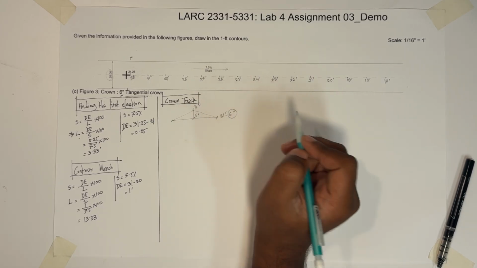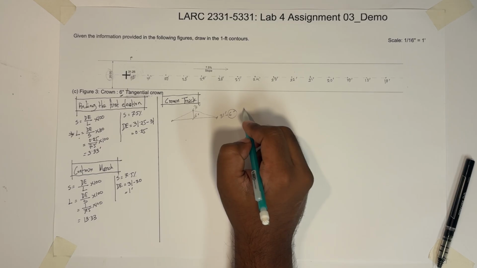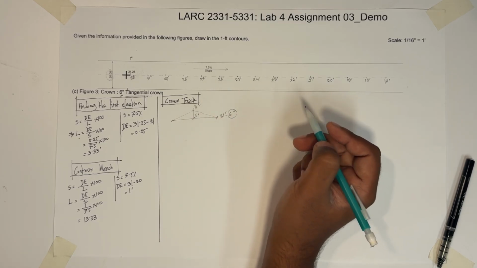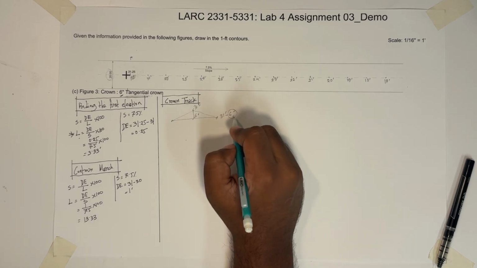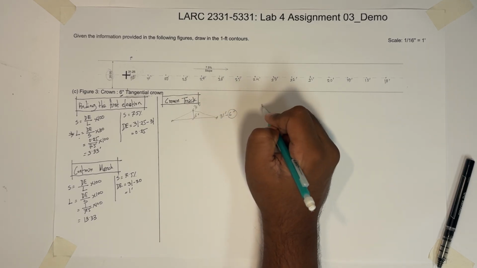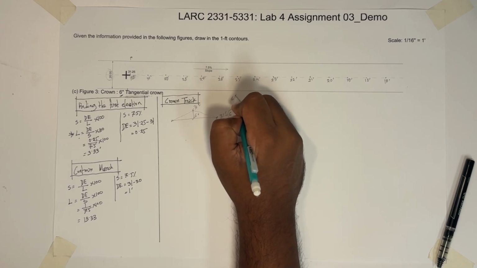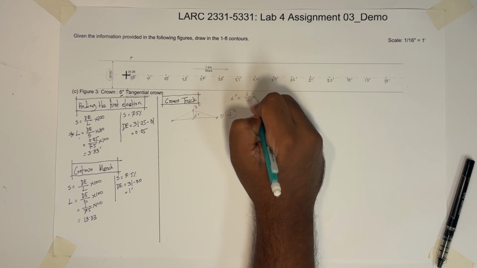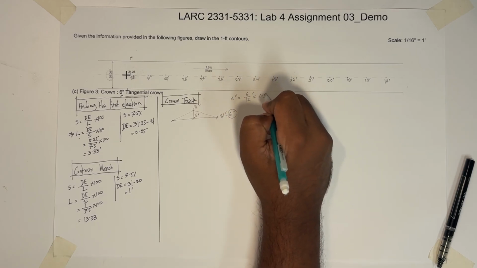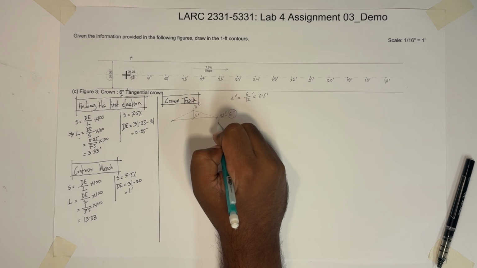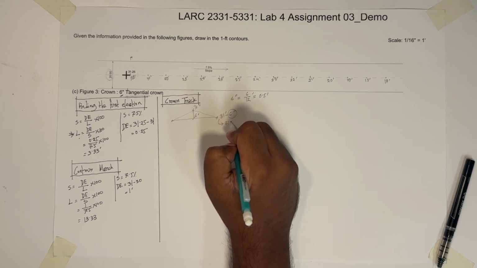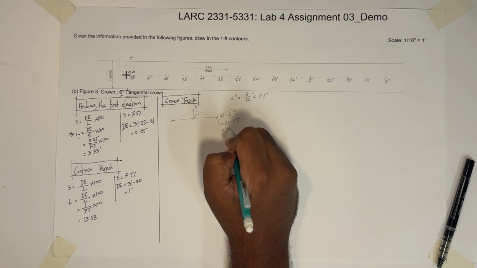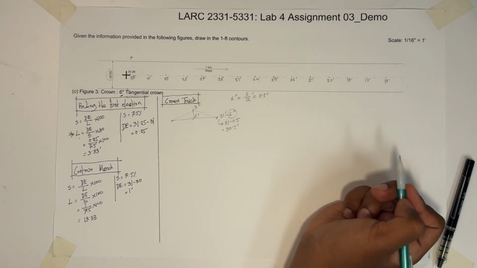So we can't have a 6-inch. We need to convert it into feet. So to convert an inch to a feet, we need to divide that value by 12. So 6-inch will become 6 divided by 12 feet. So that is 0.5 feet. So this value would be 31 minus 0.5, which is 30.5 feet.